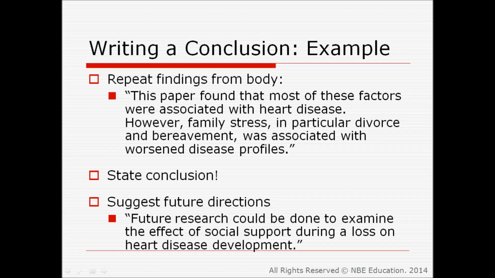In this example, I said, okay, family stress is important, but in particular, what we really were talking about with family stress was divorce or bereavement, okay? So then I talk about the value add. Future research could be done specifically on that topic.